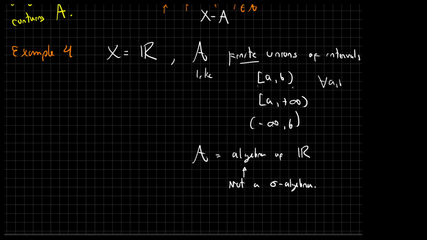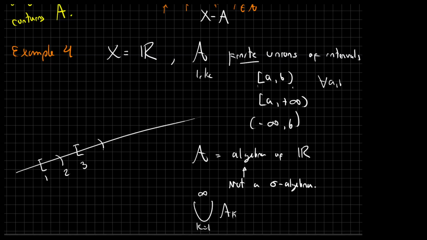Well, because it fails for the countable union of elements of A. To give a quick example, let's say that you have the real line, and the first interval here is 1 and 2, and then the other interval is 3 and 4, and so on, in this fashion. So the countable union of these will be this infinite set, unbounded and infinite, but this cannot be a finite union of intervals. Obviously it cannot be.